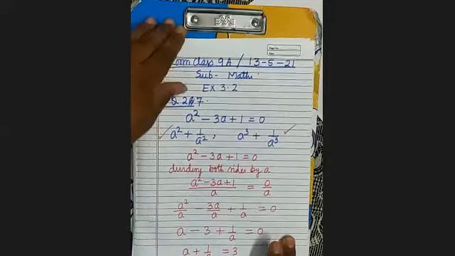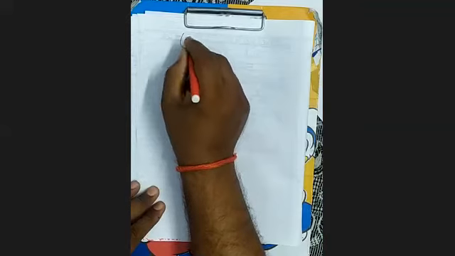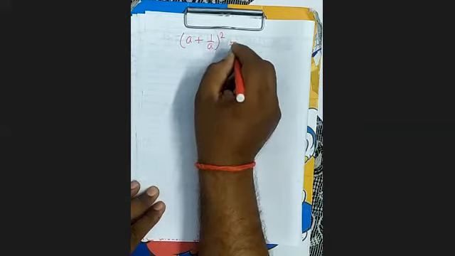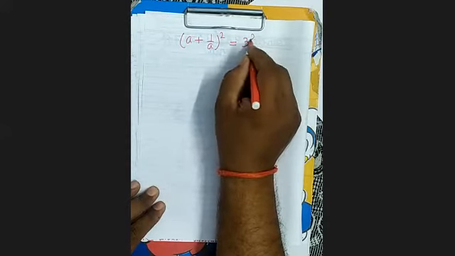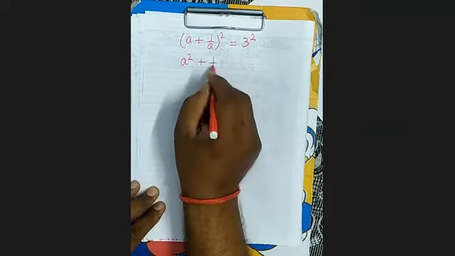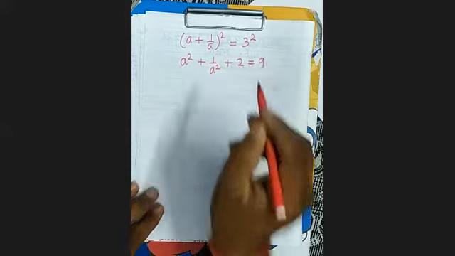So you can see here. Now it is very simple. A plus 1 upon a equals to 3, square. Now you open.